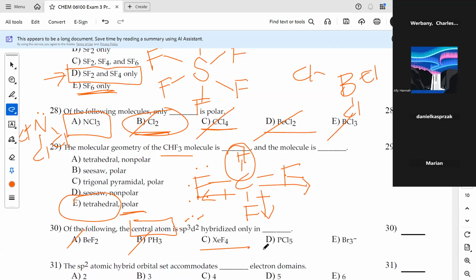Phosphorus pentachloride only needs 5 electron domains, so 5 hybrid orbitals. BrF3 negative: you could confirm with the Lewis dot structure that there's no way this one could achieve that 6 on a central bromine atom with the number of valence electrons. So we'll cross that one out as well.